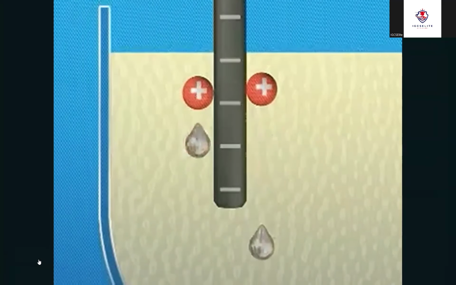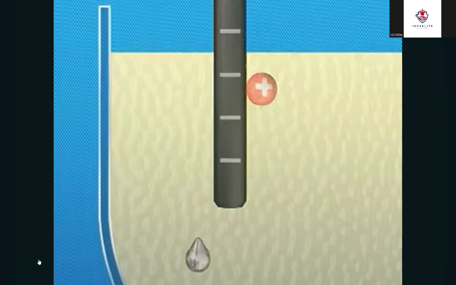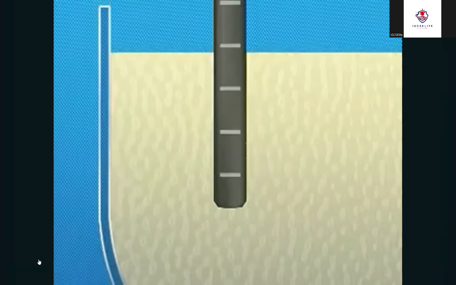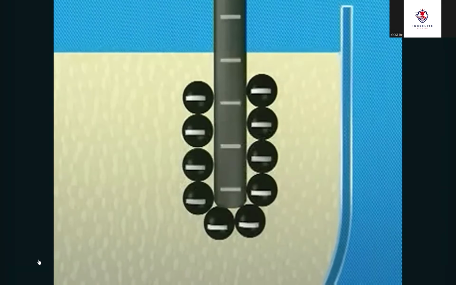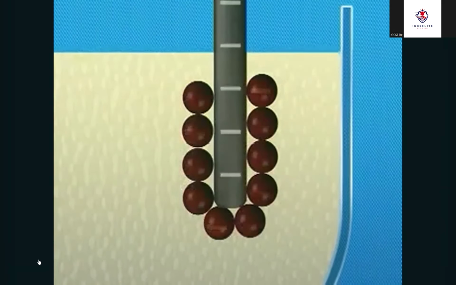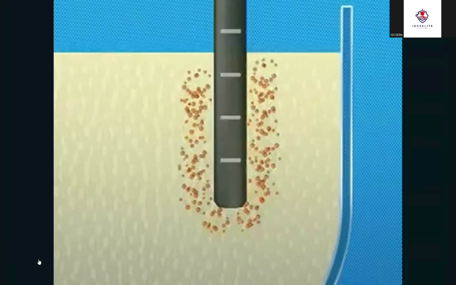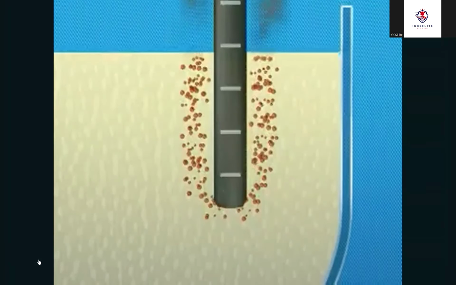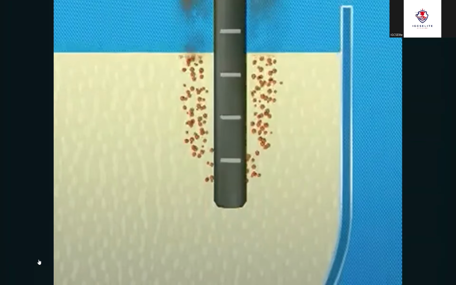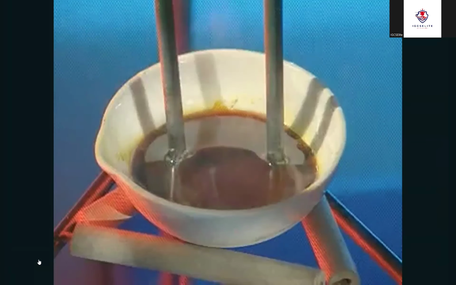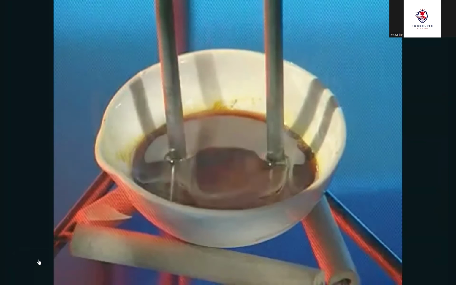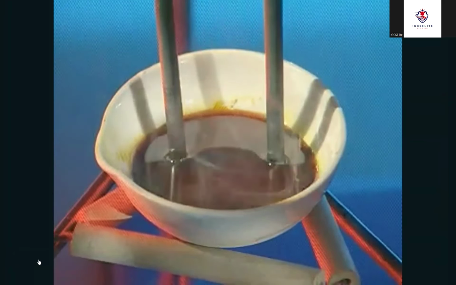They lose their positive charge and form lead atoms. Bromide ions give up electrons. They lose their negative charge and become bromine atoms. These form a gas. Electrolysis of lead bromide only works when the compound is molten. Why doesn't it work when the compound is solid?